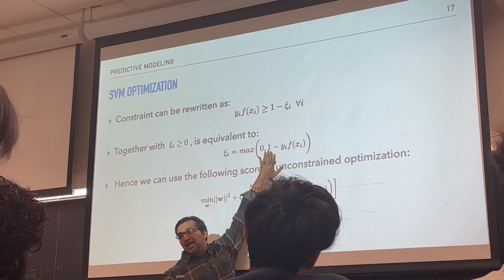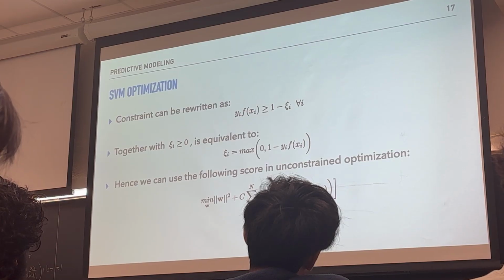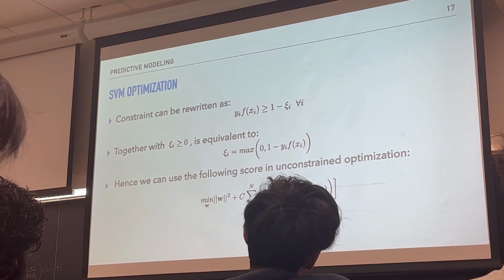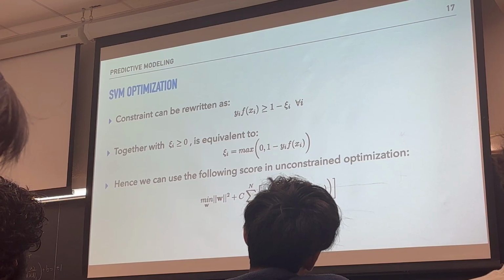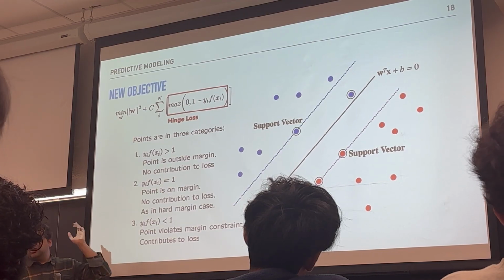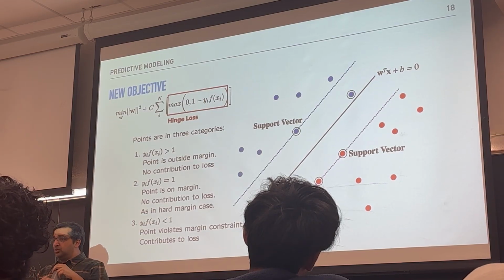So the slack is the max of 0 and 1 minus the margin. And that gives me a new optimization problem, which is written like this. And finally, this thing is also called the hinge loss, in case you decide to read up on your own.